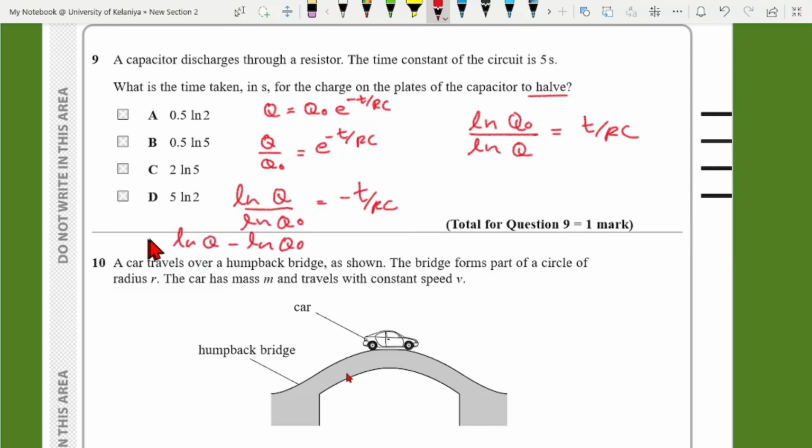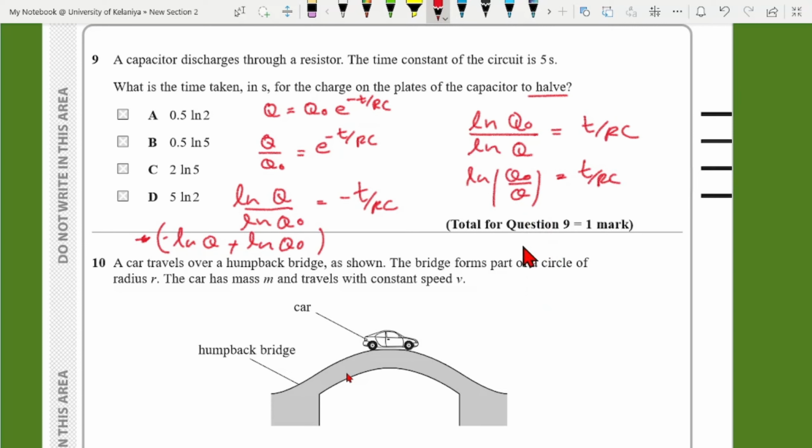If you multiply by minus, you will get plus here and minus there, right? So you can write it like this way. Q naught is the initial value. It is 1. So ln Q naught over Q equals t over RC, right?